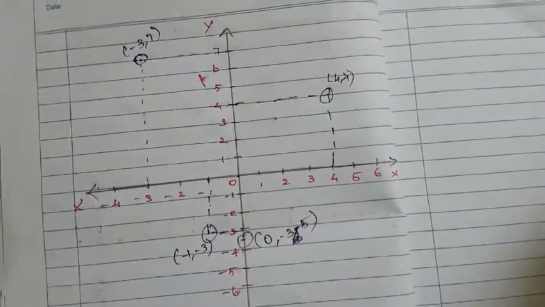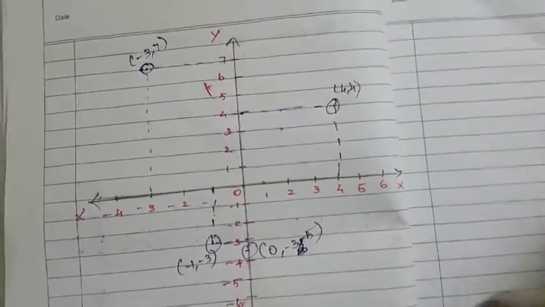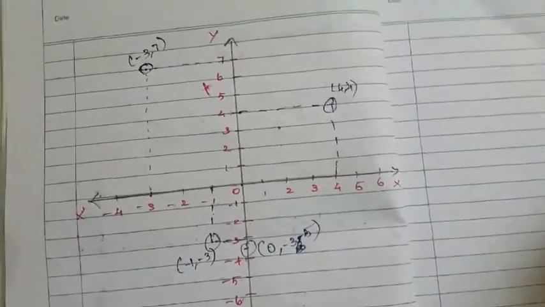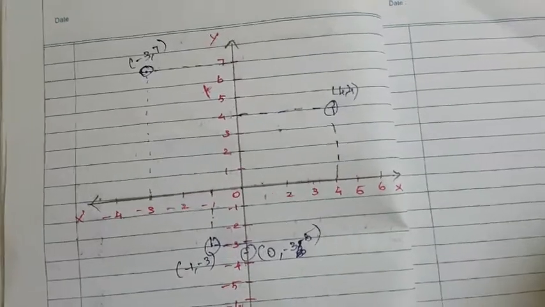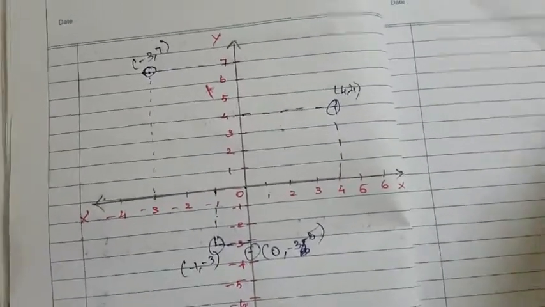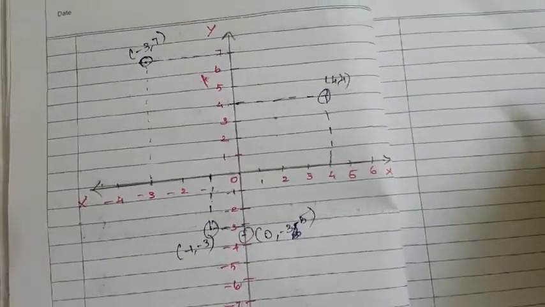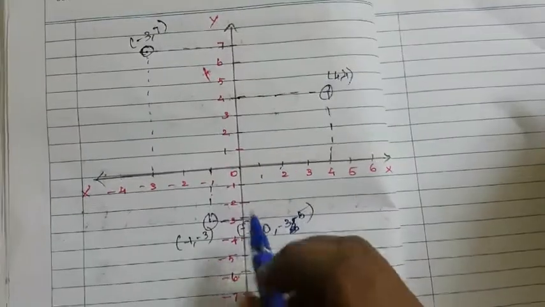I can't use a scale now because I am drawing by hand, but you have to use the scale whenever you do this in the exam or in your classwork note. Then it will be very neat. And the last point is (2, -3). So from the x-axis it is 2 and the y-axis it is -3.